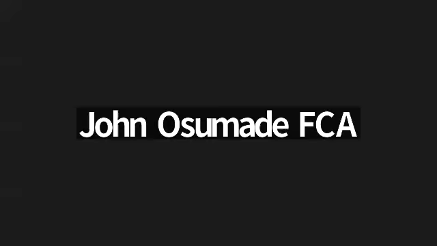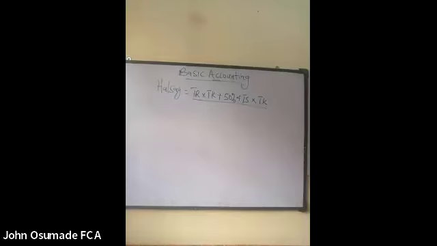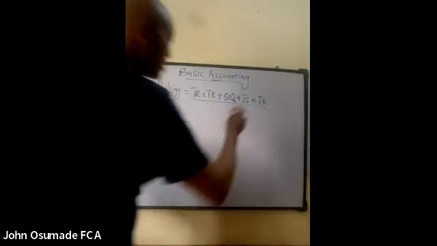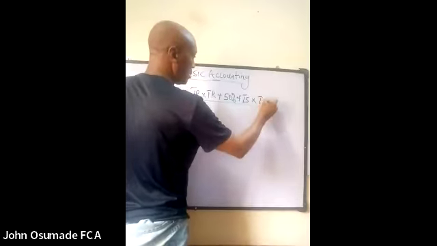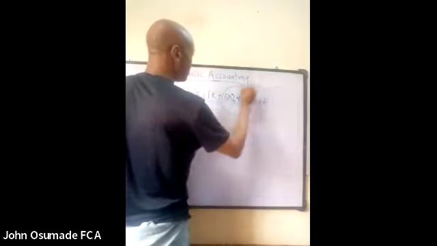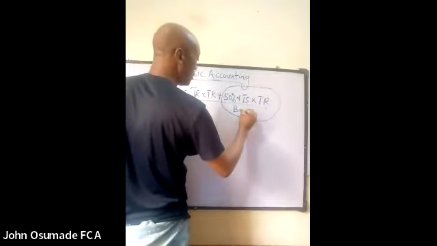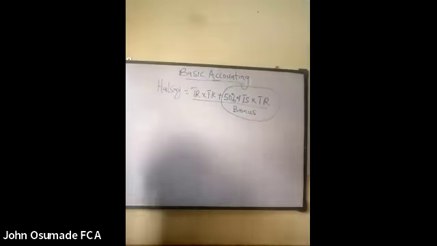It is saying that if a staff saves time, he will earn a bonus. That is time rate multiplied by time taken, TR times TK, plus 50% of time saved multiplied by time rate. So this is the bonus.